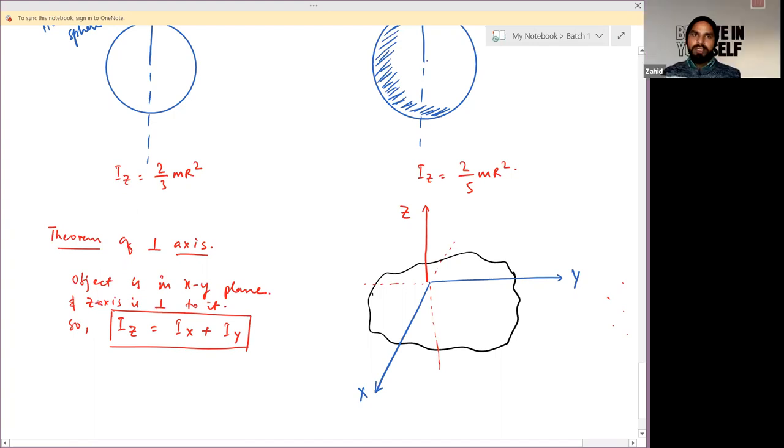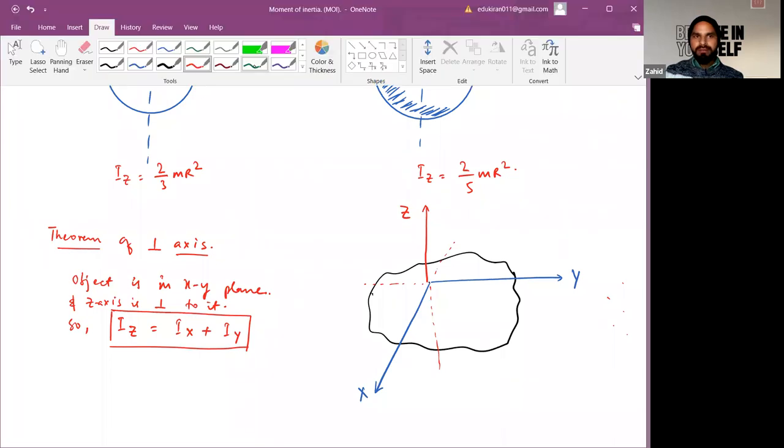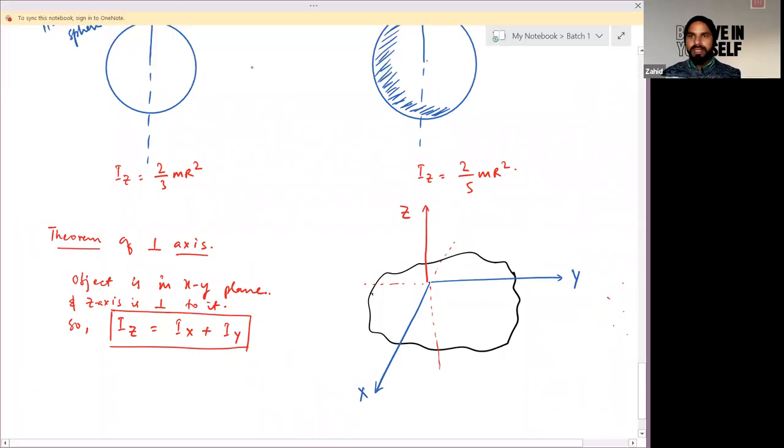Whenever you have a body which is lying along any plane, whether it is the xy plane, yz plane, or zx plane, the moment of inertia perpendicular to that plane will be equal to the sum of moments of inertia about the two axes which are lying along the plane of the body. Okay. Just write it down.